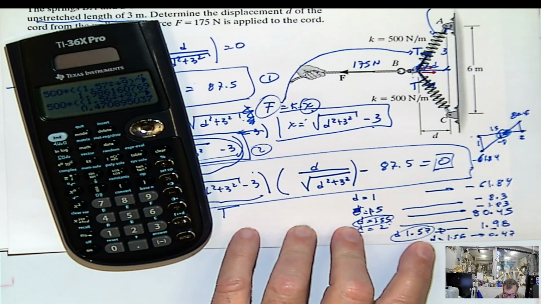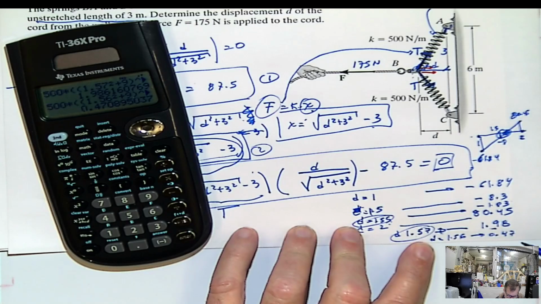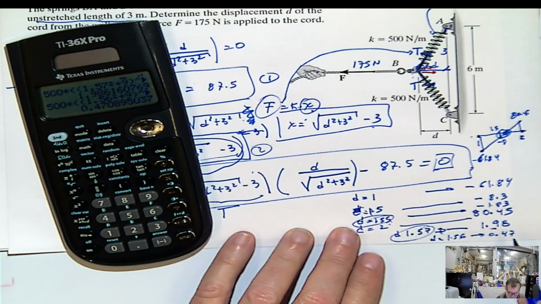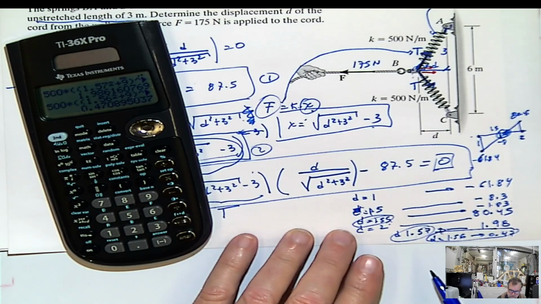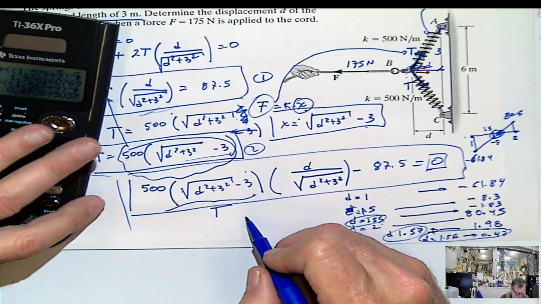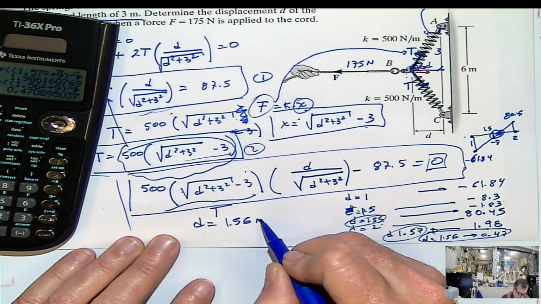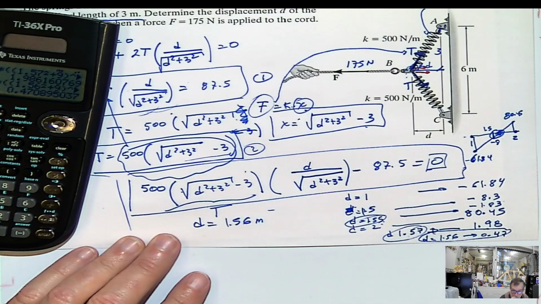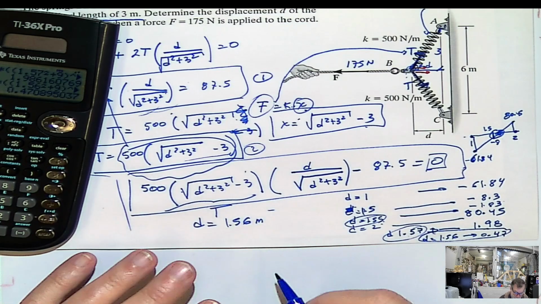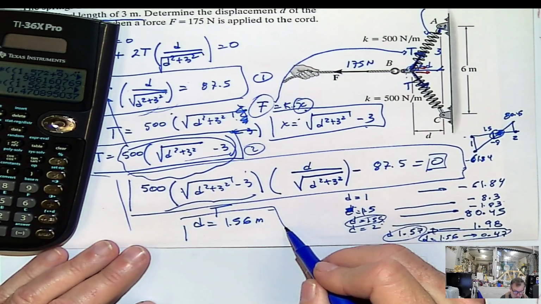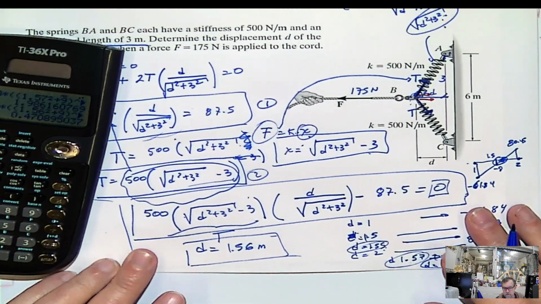If you want to keep making it closer and closer, you can try 1.555. But hey, I can live with that. So the value for d is going to be 1.56 meters, or depending on what the problem is asking you, you could have saved time and say 1.6 meters, and that will be the answer, with a certain margin of error, of course.